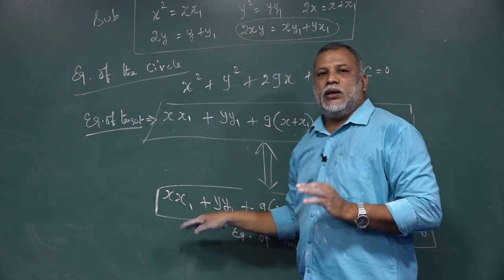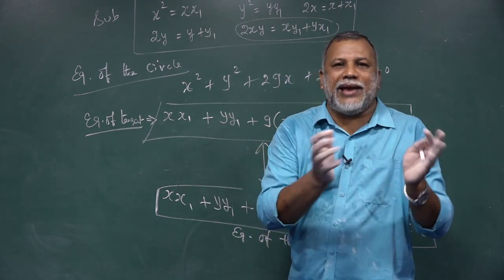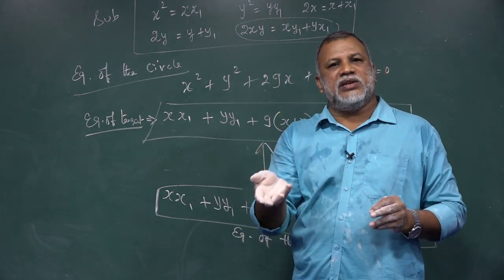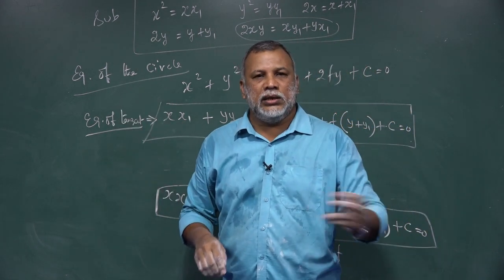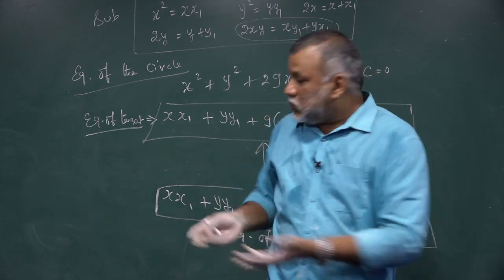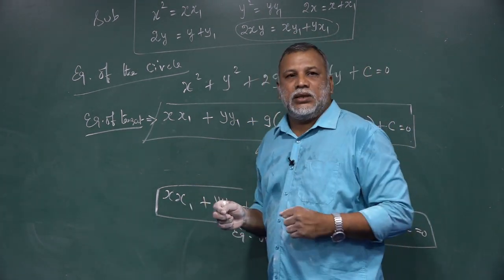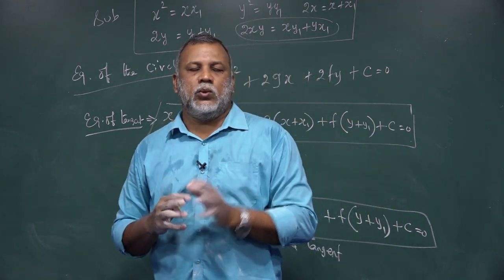But a theory question may be asked: derive the equation of the tangent at x1, y1 to the circle x squared plus y squared plus 2gx plus 2fy plus c equal to 0. So this is the derivation part. Everyone should learn the theoretical concept, how it happens and why it comes.